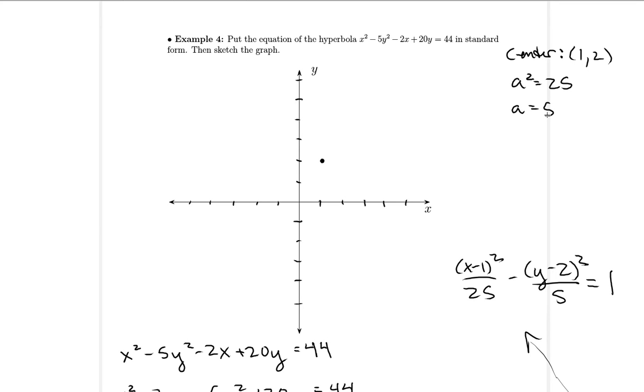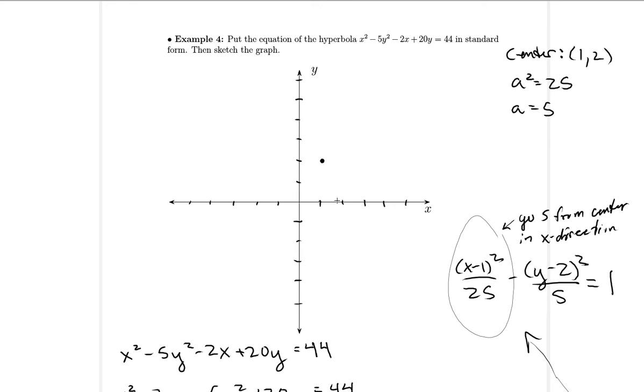Okay, which direction do I go though? Well, I go in the direction of whichever variable term is positive. So we can say we'll go 5 from center in the x direction.